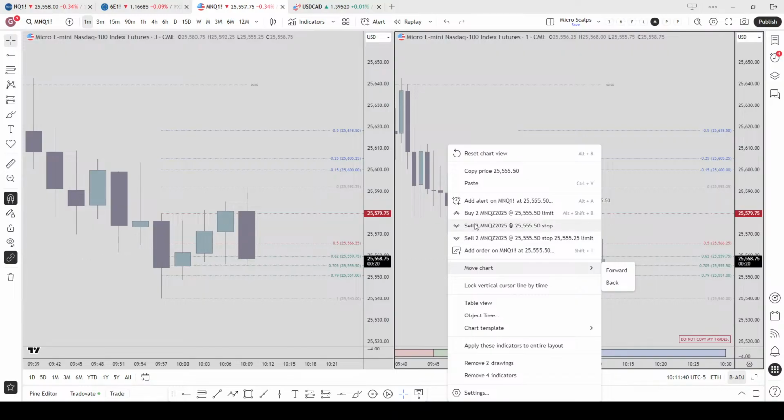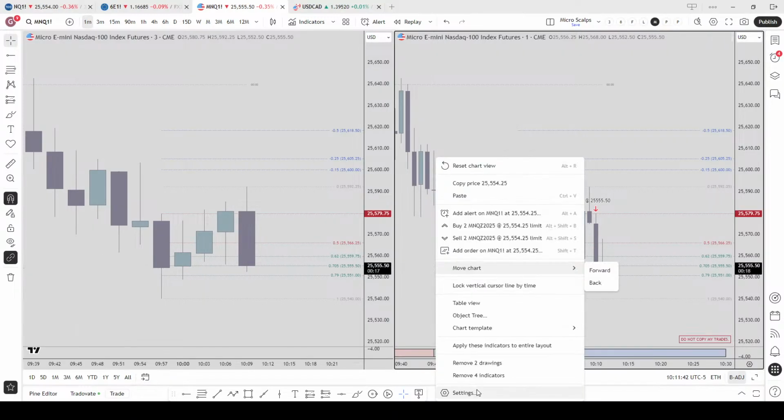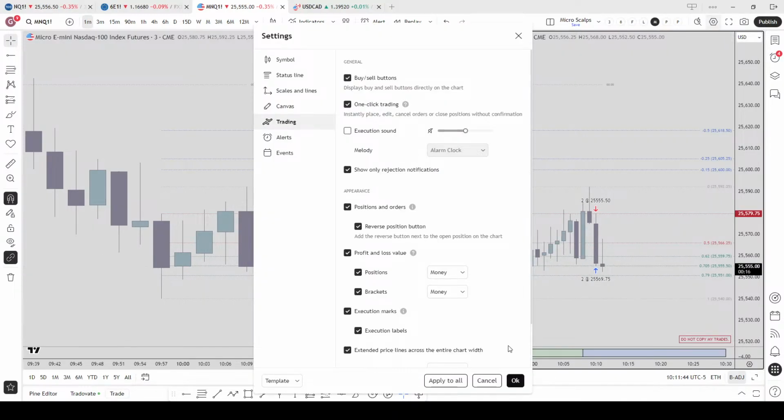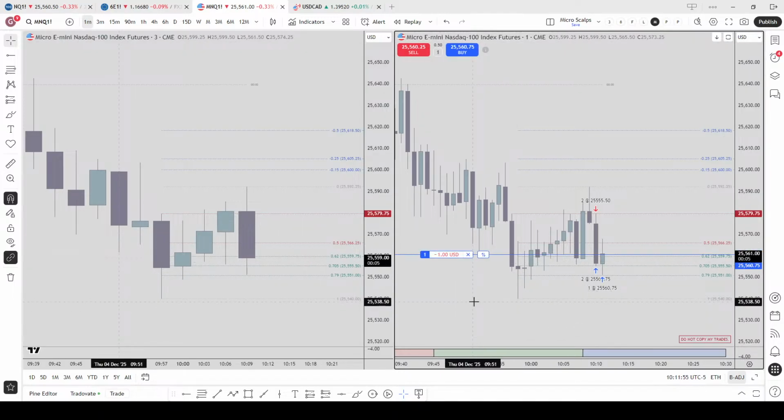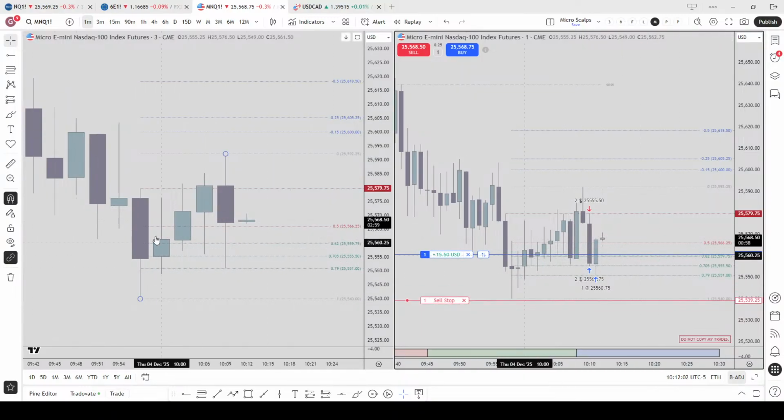I'll give it another go right here. Right here, yeah. And then the stop is here, according to the 3 minutes. Okay, 3 minutes CSD.